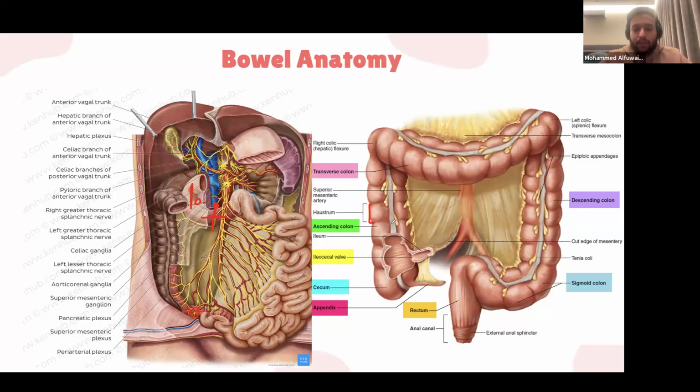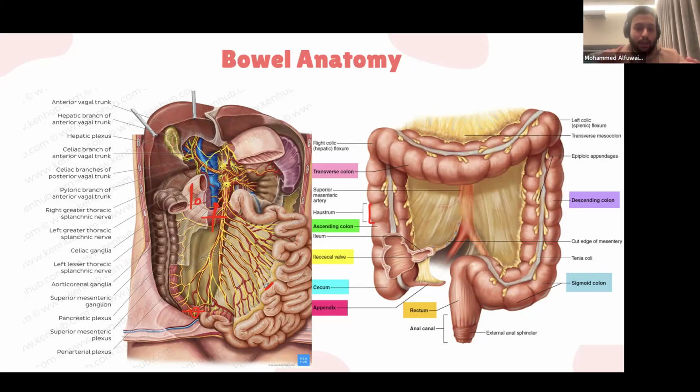The other part, which we'll go over in both the large and small bowel, is the mesentery. The mesentery carries the blood supply of the bowels going into the walls of the bowel. The side of the bowel connected to the mesentery is what we call the mesenteric border, or the mesenteric side.